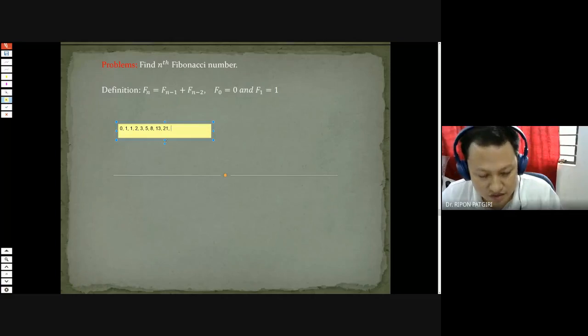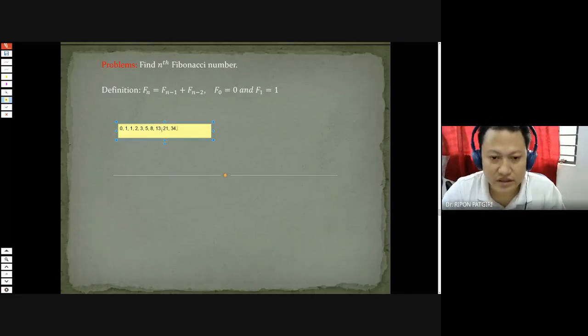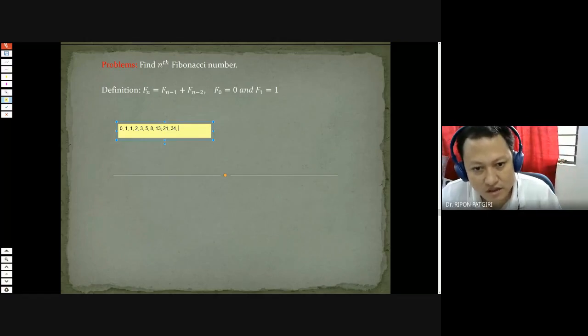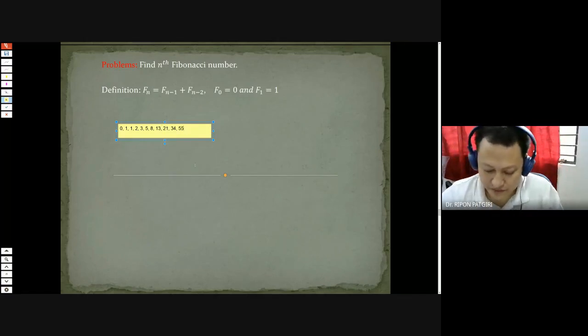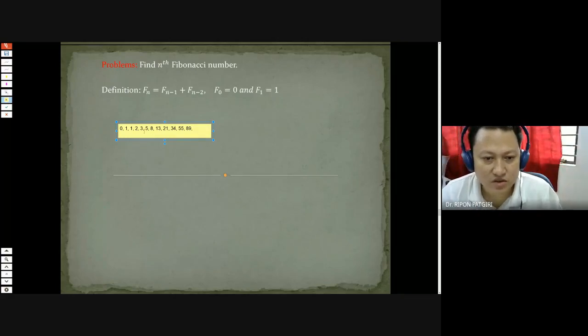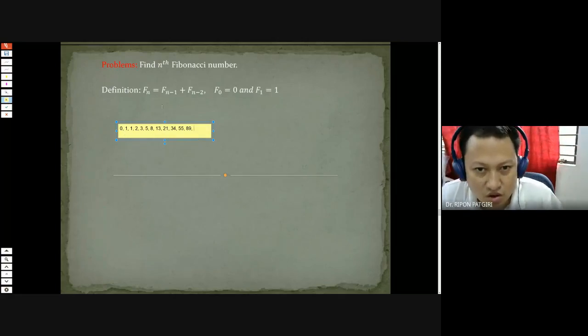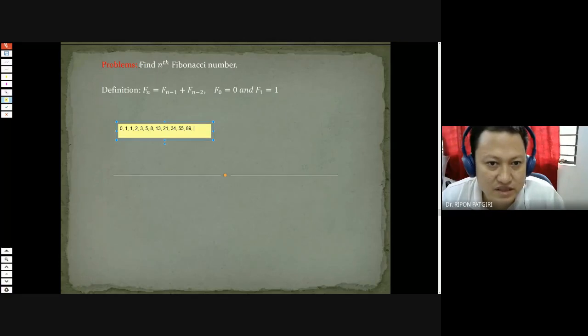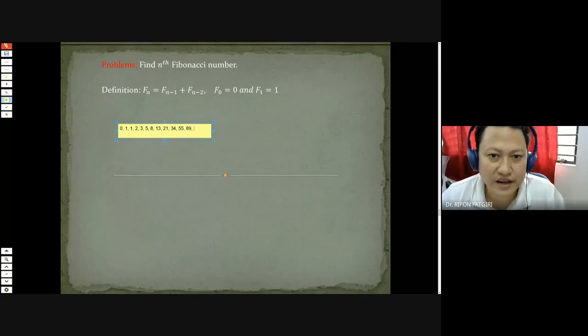Then 21 plus 13 is 34. Then 34 plus 21 is 55, and so on. Then 89, and so on. This is the next Fibonacci number. So this continues.